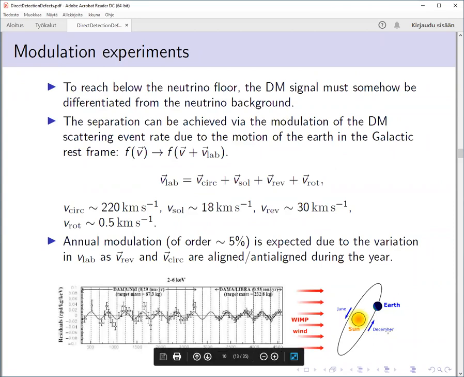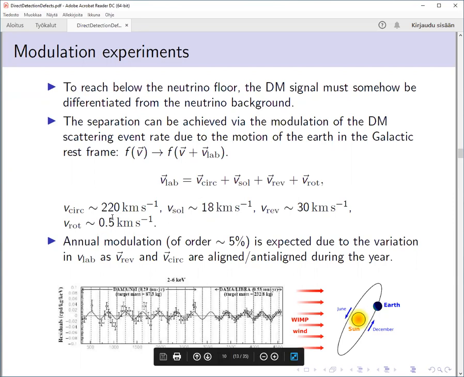And this idea comes from the fact that the Earth is moving around the sun, and the sun is moving with respect to the galactic rest frame, where we assume the dark matter particles to have this Boltzmann distribution. Then effectively the dark matter velocity distribution in the lab frame becomes a function of time, because the lab velocity is a function of time due to the motion of the Earth with respect to the sun.